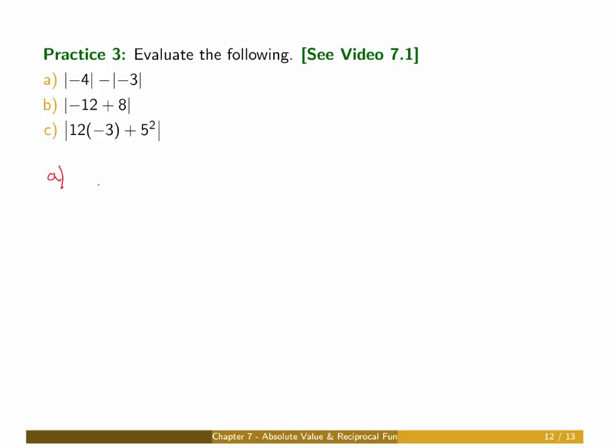Here we go. Absolute value of negative 4 for part A minus absolute value of negative 3. Rewriting these, it'll be 4 minus 3, basically, which will come up to be 1. Right? And if I was to rewrite this formally, this is really the operation.